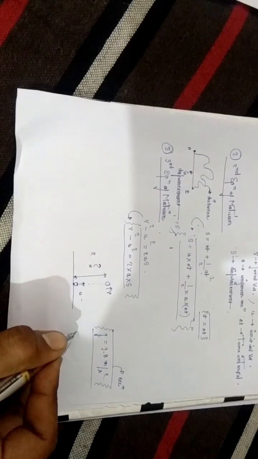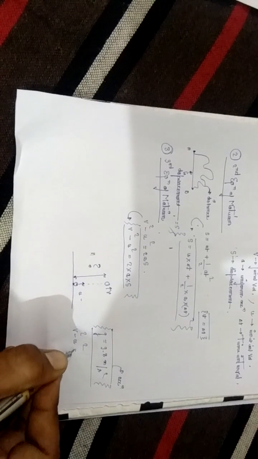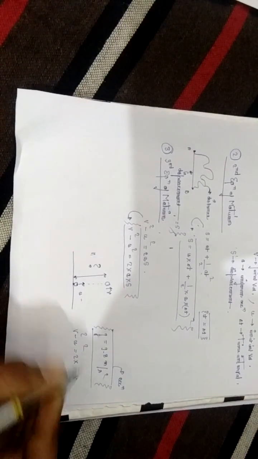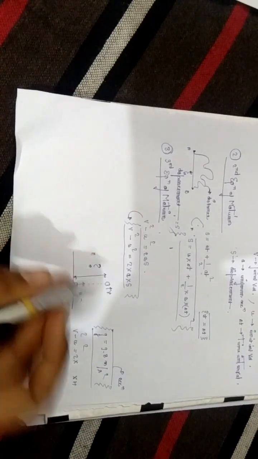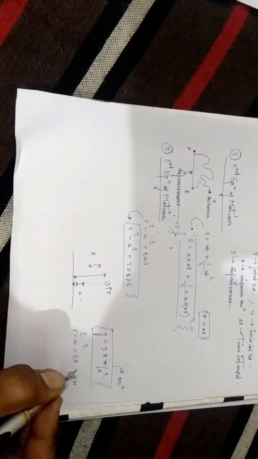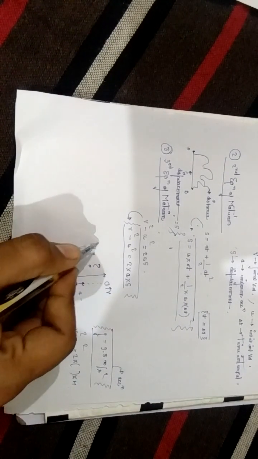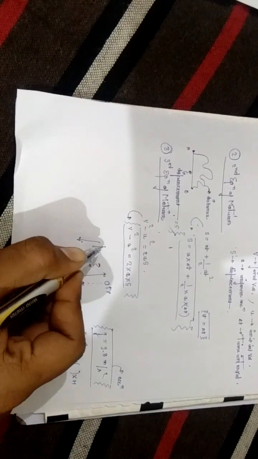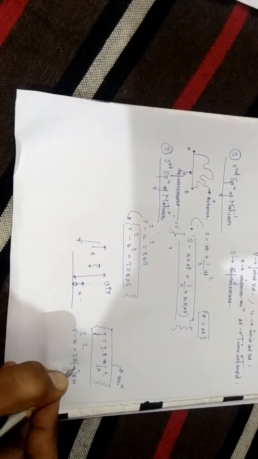Final velocity square minus initial velocity square is equal to 2 into acceleration into displacement, which is h. The point to be considered is that gravity is in the negative direction and the motion is opposite to that of gravity, so we take minus g.